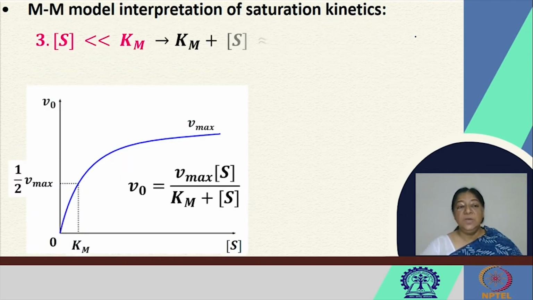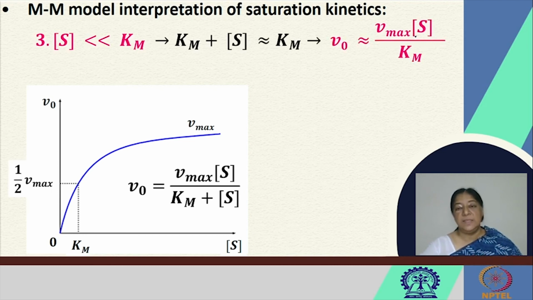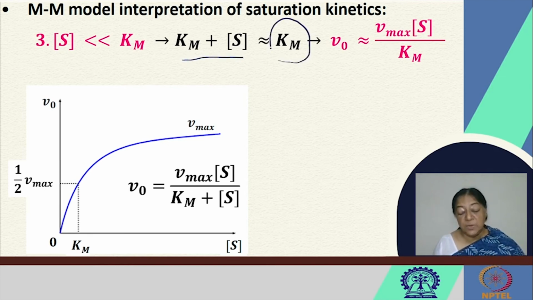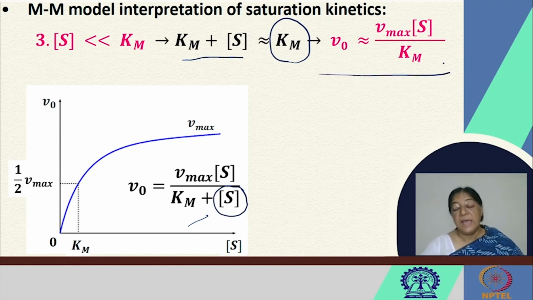Another possibility would be where we have the substrate concentration much less than the Km value. In this case, our Km plus the substrate concentration is approximately equal to the Km, and we rearrange this equation where we neglect the concentration of S in the denominator and we get an expression for V0.